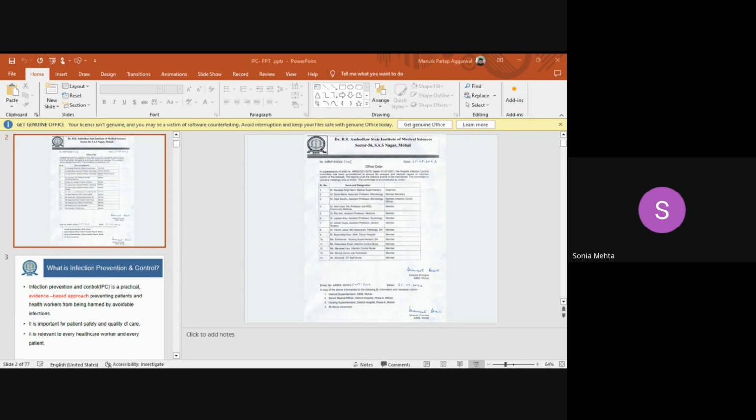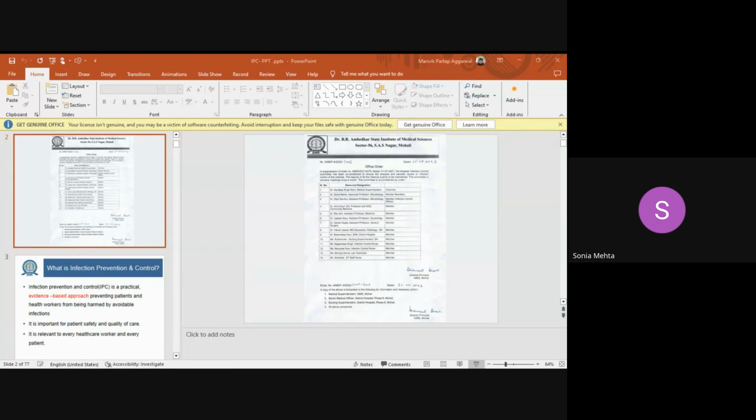Nowadays we are hearing of a number of hospital acquired infections, healthcare associated infections. Their number has increased, and if we have a better IPC team and IPC practice in our institute, we can always prevent these infections. They are avoidable. This practice is important for patient safety and quality of care, and it is relevant to every healthcare worker and every patient.